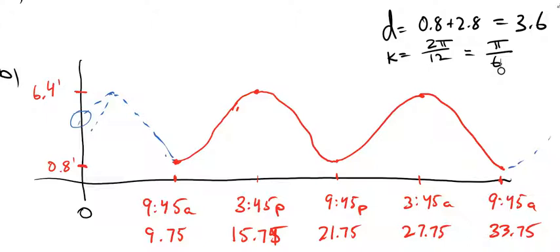Somebody tell me something else about it. There's a lot of little details that you have to think about that go into this. Go for it. Very nice. In other words, cos or sine, which one do you want to go with? There's no right or wrong answer here, but often I would say if the question talks about the max and the min and gives you those values, use cos.